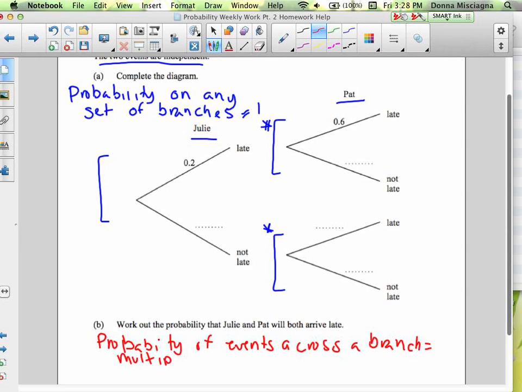So you will multiply the probabilities. You want late and late.